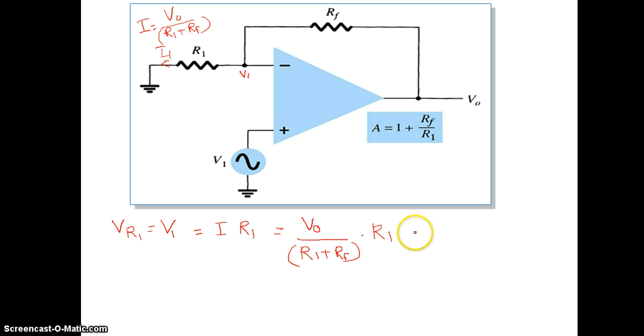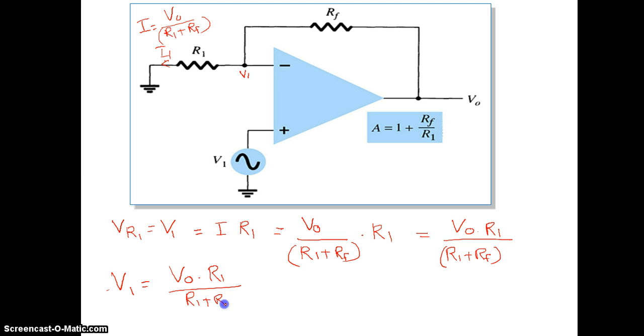So we will get VO divided by R1 plus RF into R1. This is nothing but V1. So V1 is equal to VO into R1 divided by R1 plus RF.